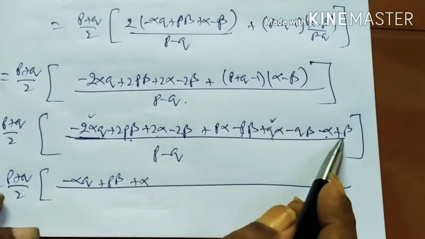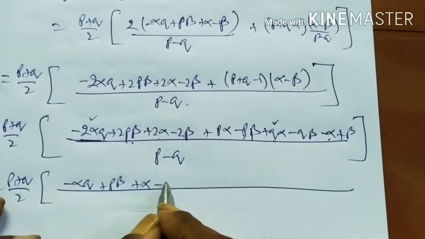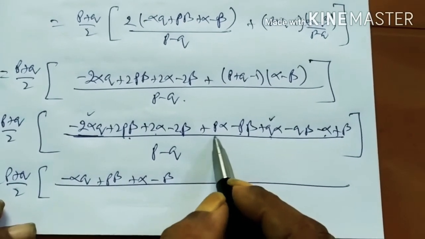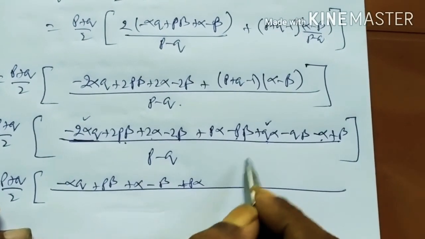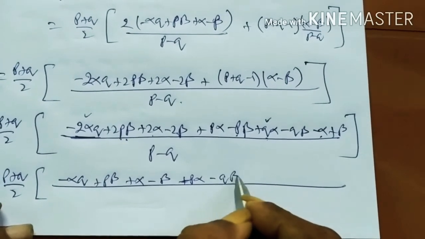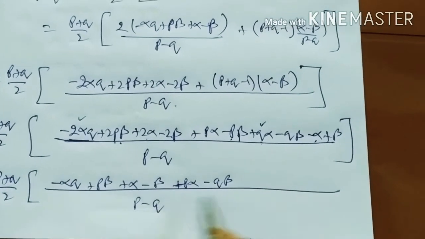Minus 2 beta and plus beta, it is minus beta. And the remaining left are plus p alpha and minus q beta. This is left here, over p minus q.